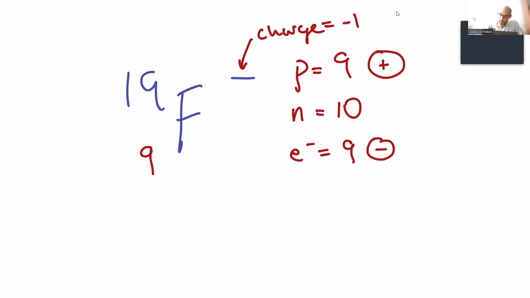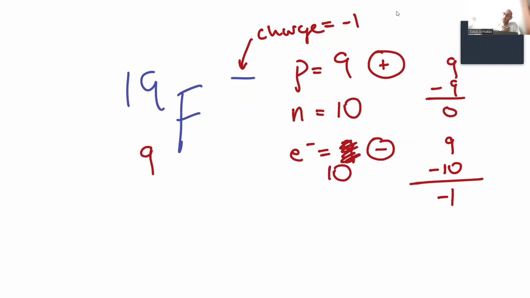But what this negative charge is telling me is there's 1 extra electron to give me a -1 charge. 9 would be neutral, so I have 10 electrons around the outside. So the charge is going to tell you how many extra electrons you have.